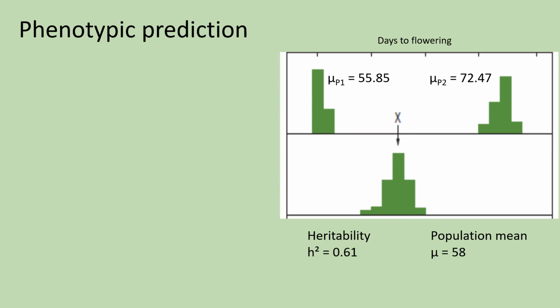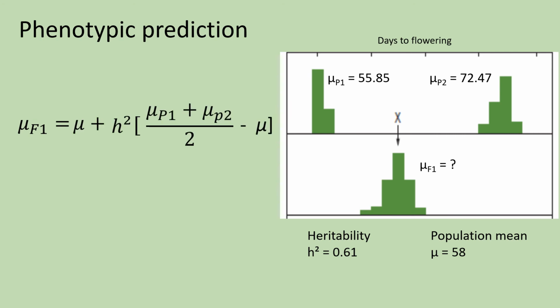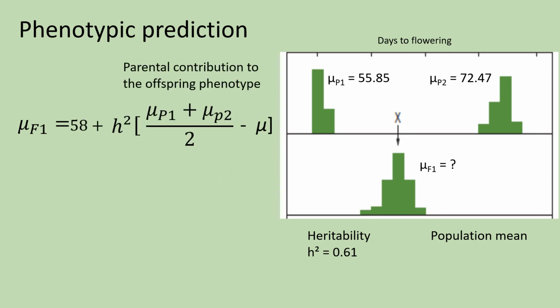There is a simple formula to calculate what will be the average phenotype of the F1 offspring. Do not be bewildered by all the math, we'll dismantle it step by step. The mean expected phenotype of the F1 plants is simply the population mean, which we already know, plus the parental contribution to the phenotype through their heritable additive effects.